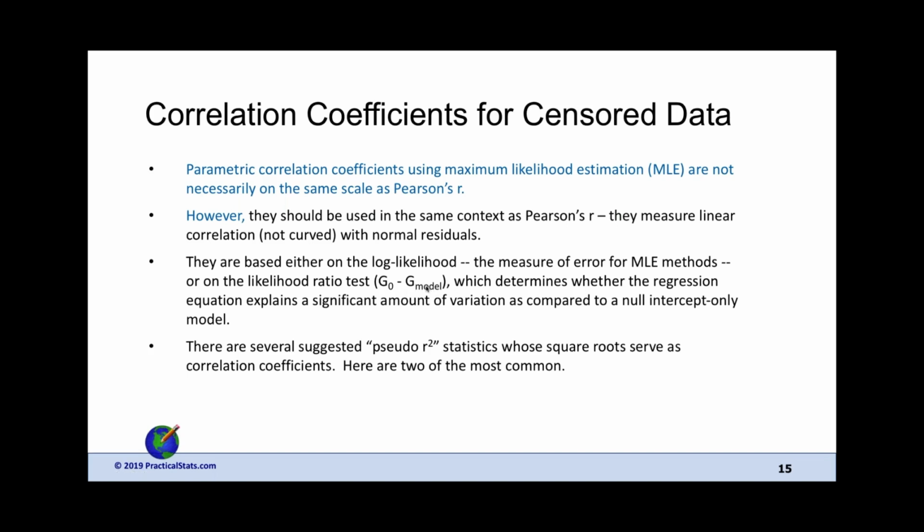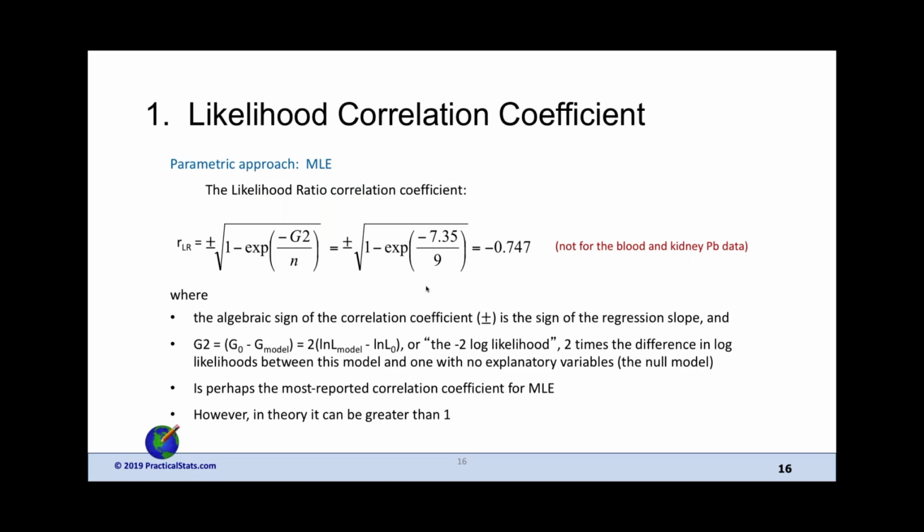Okay, so let's look at those. The first one is called the likelihood correlation coefficient, or the likelihood ratio correlation coefficient. It uses this G statistic. Again, this is just the difference between two models, a model with one X and a model with zero X's. And it looks at the change in those error characteristics and says, when I add in an X variable, does that decrease the error?